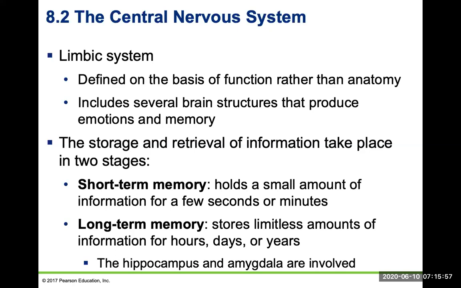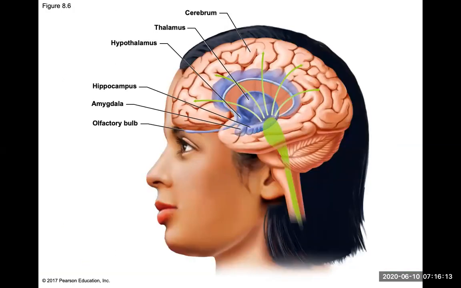The storage and retrieval of information takes place in two stages. Short-term memory holds a small amount of information for a few seconds or minutes, and long-term memory stores limitless amounts of information for hours, days, or years. So this is a look at where your cerebrum is, here's your pons, medulla oblongata, and this is your olfactory bulb, and some of the other parts of the brain.